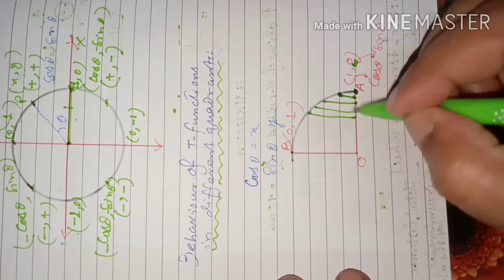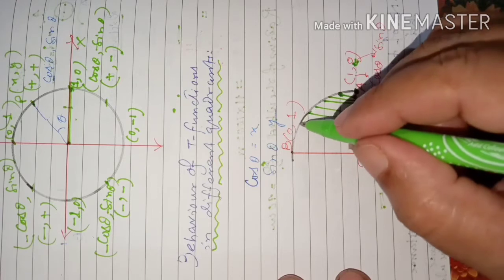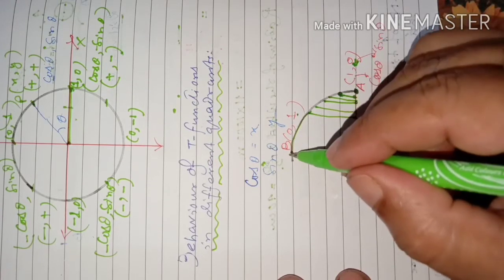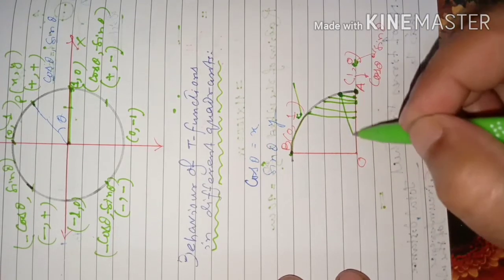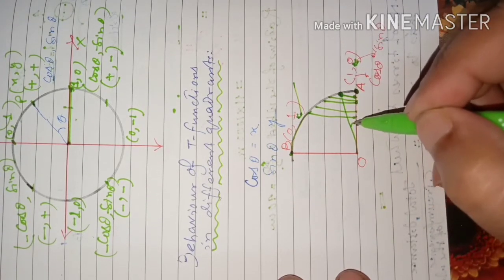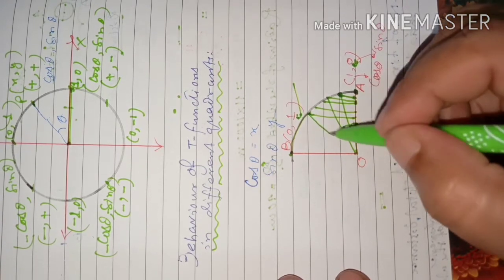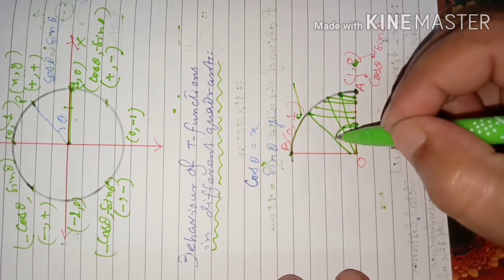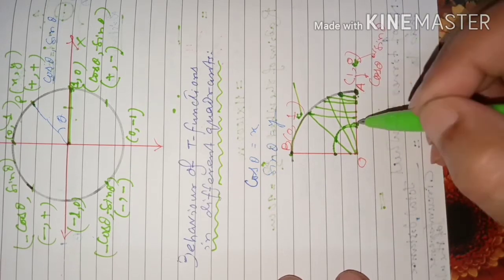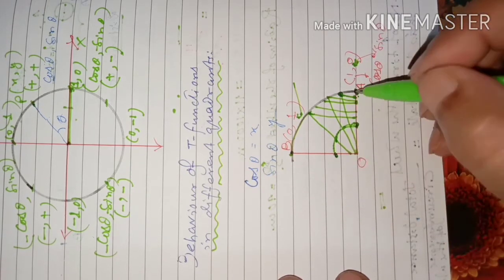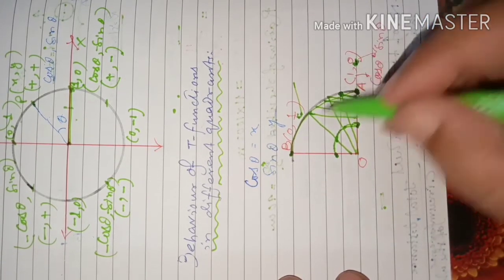In all these points sin theta is going to increase, and lastly at this place it has increased up to 1. So when the angle is less than 90 degrees, and then another angle less than 90, as the angle keeps growing, at pi by 2, from 0 to pi by 2, the arc has subtended pi by 2 angle, and the sin theta value has changed from 0 to 1.